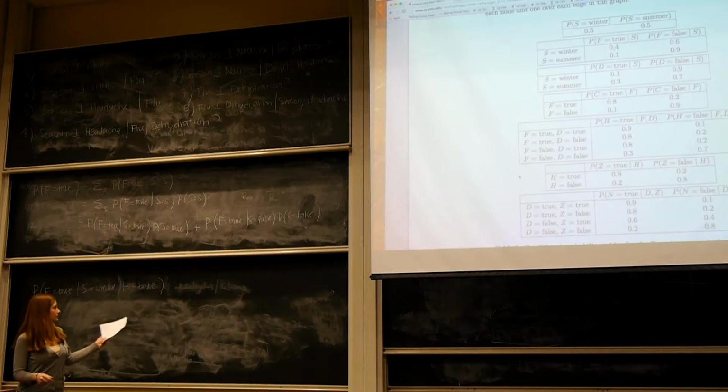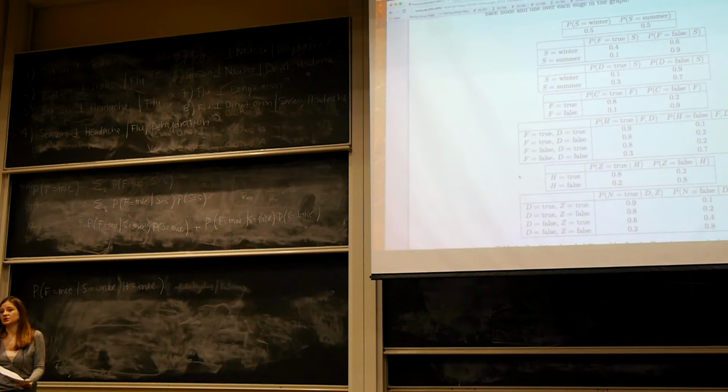Okay, so given that we want to evaluate this expression, can anyone suggest a good first step? Yes, and what is that called? I would call that the definition of conditional probability, basically.